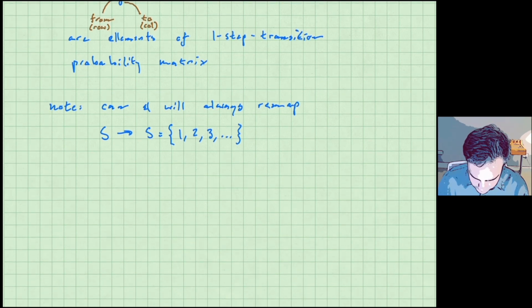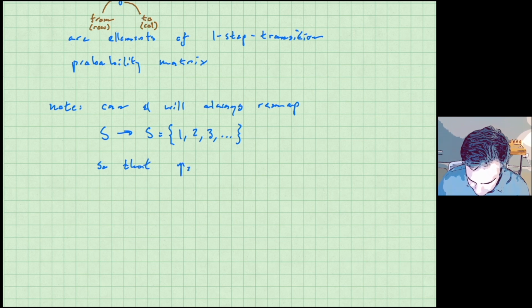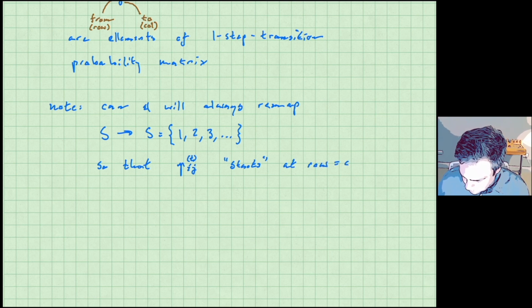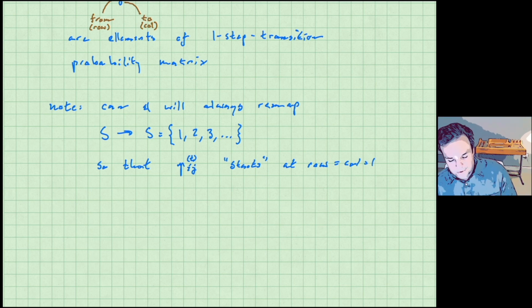And if you do that, then the P sub ij superscript t so-called starts at row equals column equals 1. I hope that's clear why we did that.